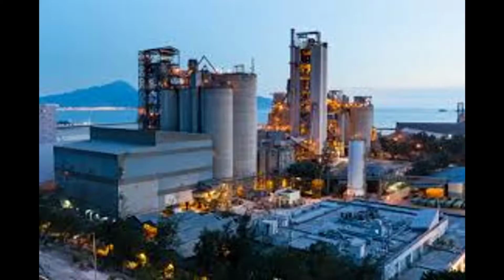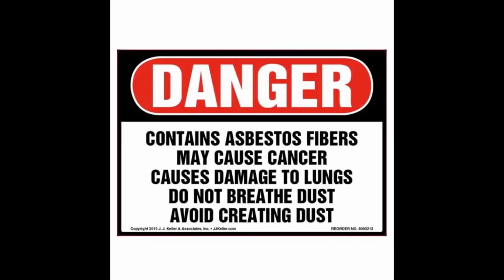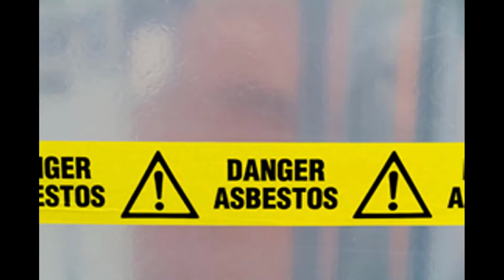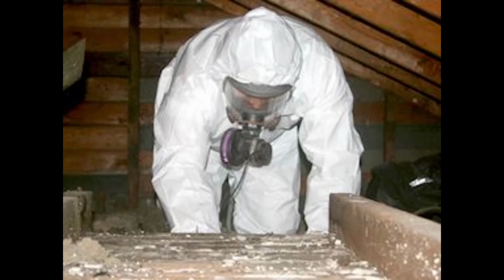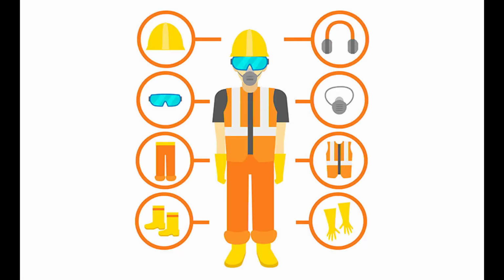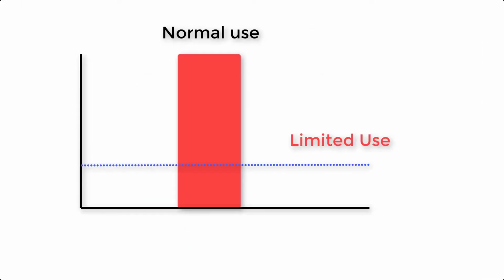And we also must ensure that industries label materials that contain more than 1% of asbestos and identify these products as hazardous materials and implement safe handling of these materials. We should also ensure at workplaces that all workers have respirators and protective clothing. And last but not least, try to limit the use and handling of asbestos-containing material.